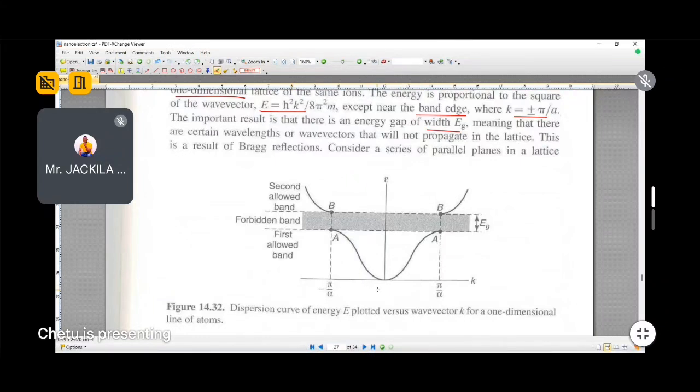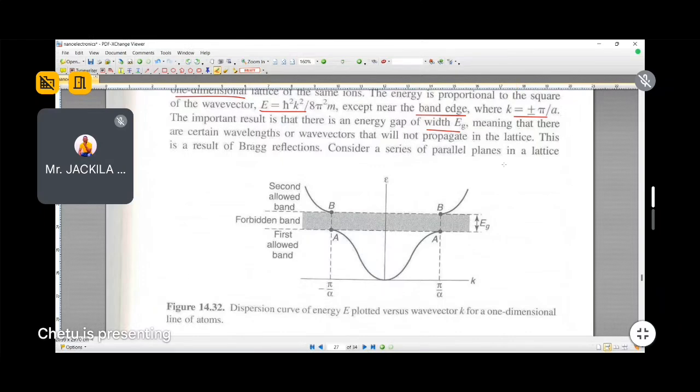So here you can see that in a given ionic system, the energies are given by E equal to h cross square k square upon 8 pi square m. But there is a boundary condition at pi by a, where there is an energy gap, and then it jumps to the second allowed band for a different value of k.